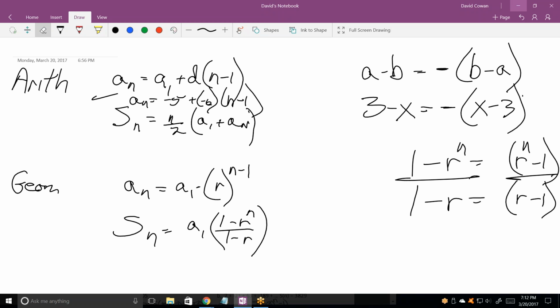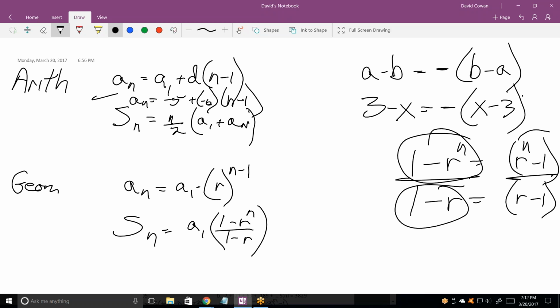Over here where I'm pointing, in case you can't see, this is certainly true, but I can't really think of why I would ever want to do it, because if r is a number less than 1, you would want to do it the manner on the left. This gives you a positive numerator and a positive denominator.